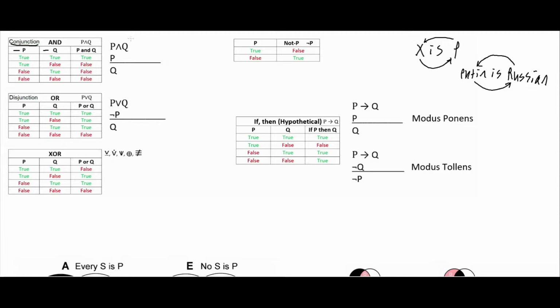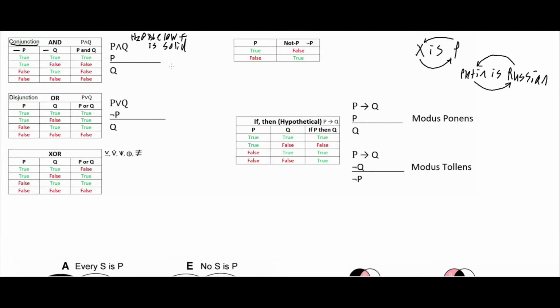We might have, for example, water is below freezing, so I'll just put an F there, and is solid.